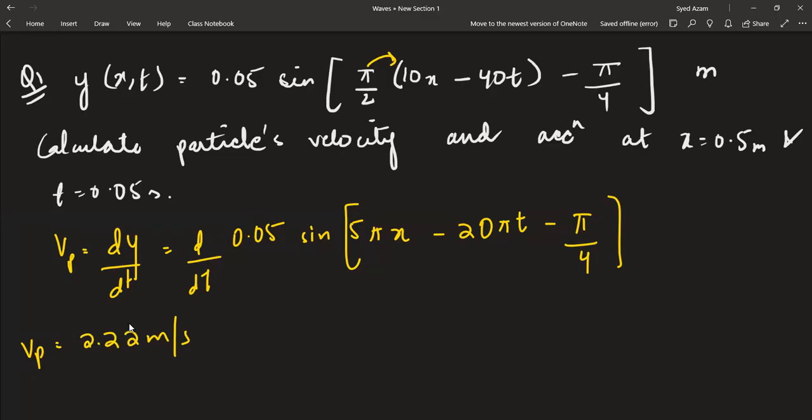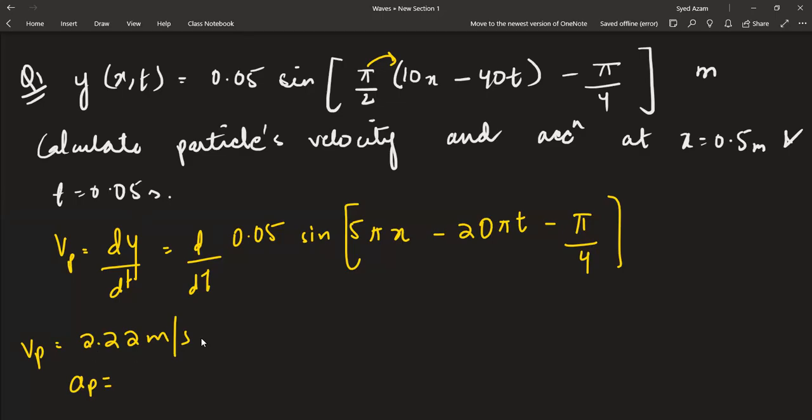And yes class, the answer is this only, because for acceleration, when you differentiate a constant value, what should the acceleration be? If this is the velocity, tell me, what should be the acceleration? Yes, Jobita, Shaima, Ali.